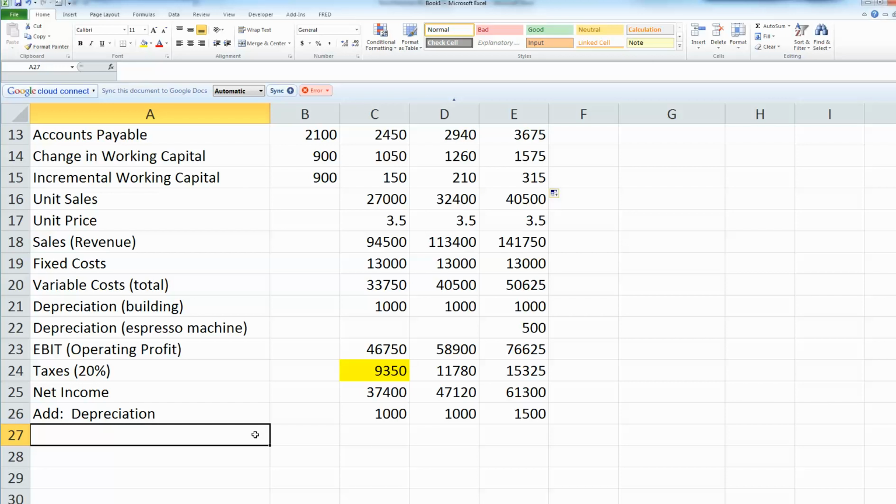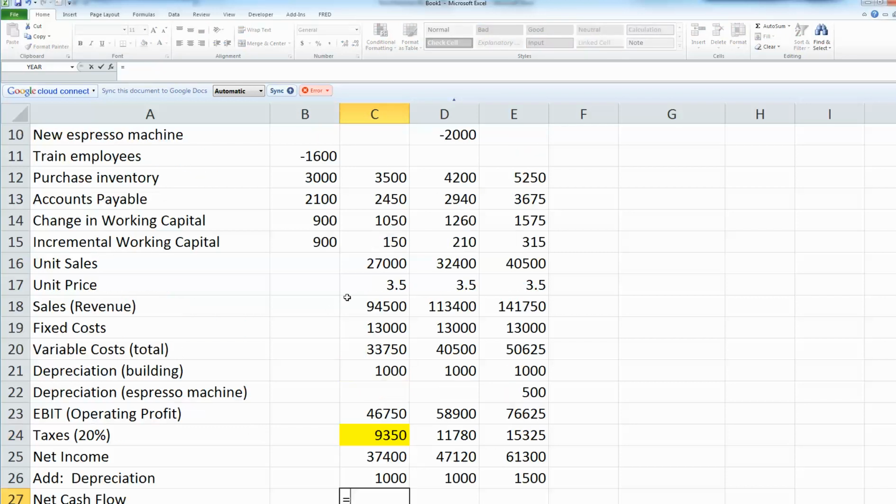So down here, I can now calculate my net operating cash flows. Actually, I think I'm just going to call them net cash flows because I'm grouping terminal cash flows and everything. I will start with year 1.